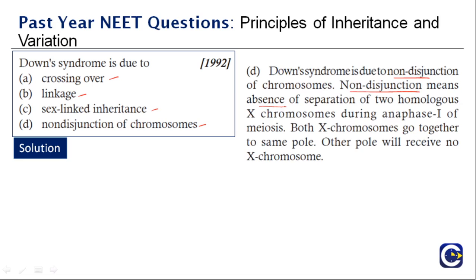Non-disjunction means absence of separation of two homologous X chromosomes during anaphase 1 of meiosis. Both X chromosomes go together to the same pole. The other pole will receive no X chromosome. So the right answer here is D.